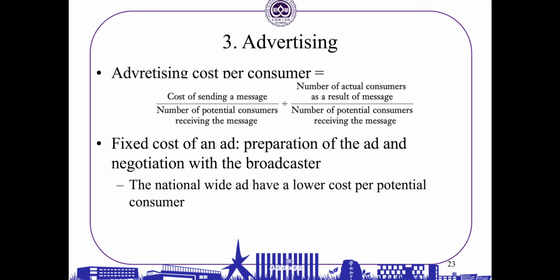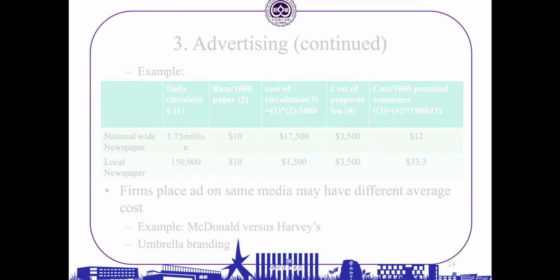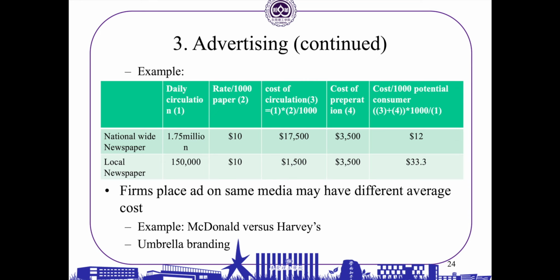Larger firms may enjoy lower advertising costs per consumer either because they have lower costs of sending a message per potential consumer, the numerator, or because they have higher advertising reach, the denominator. For example, McDonald's wants to place an advertisement in a national newspaper or a local newspaper. The nationwide newspaper has a lower cost per potential consumer.